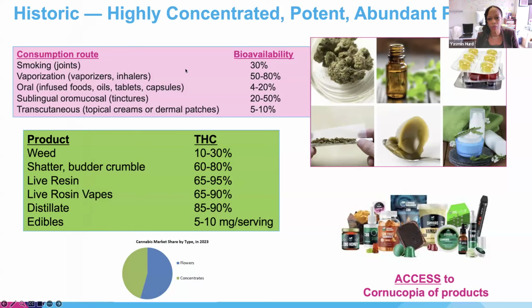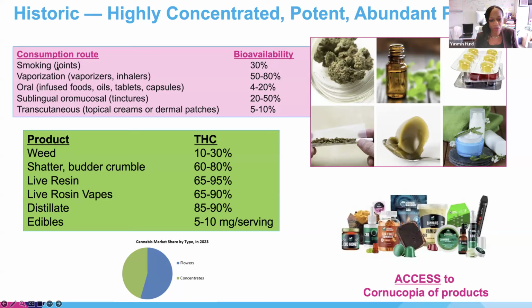And the routes by which people can consume cannabis obviously increase the bioavailability, getting into the body. One of the big aspects is that these products are available in many different flavors and many different forms, whether it's sublingual or infused into foods.